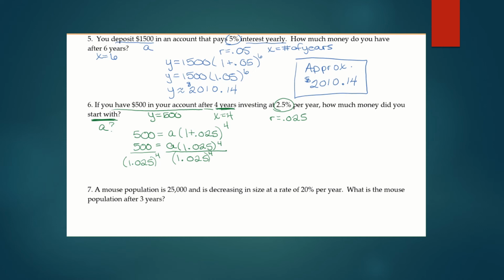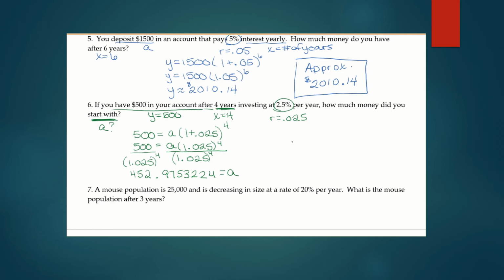And here's what I get. So we're going to have to round a little bit here. So how much money did we start with? Okay, so I'm getting this for A. So I'm getting 452.9753224. But again, since we're talking about money, I'm going to round this.